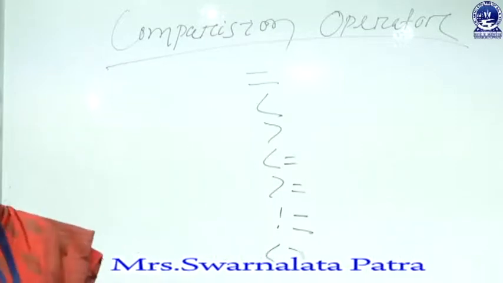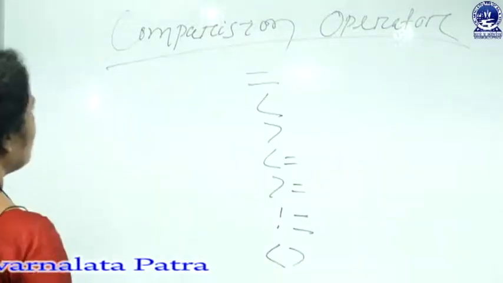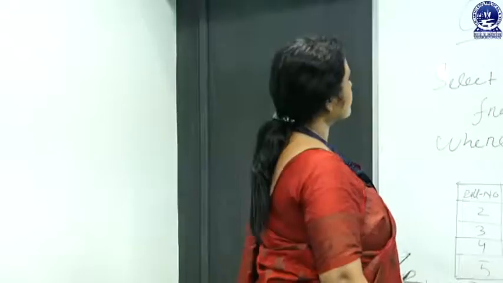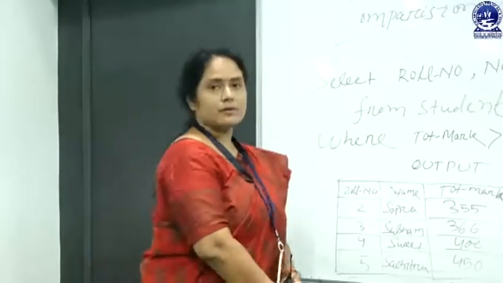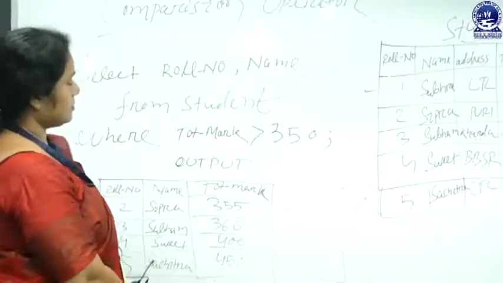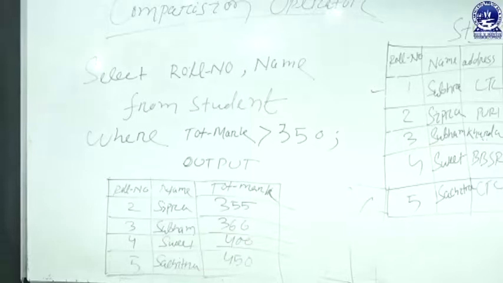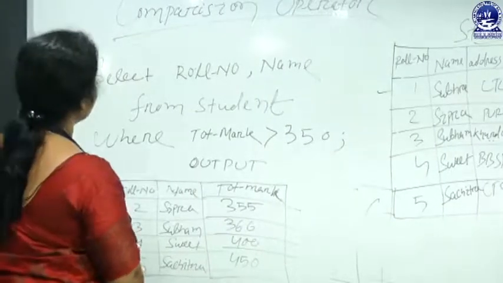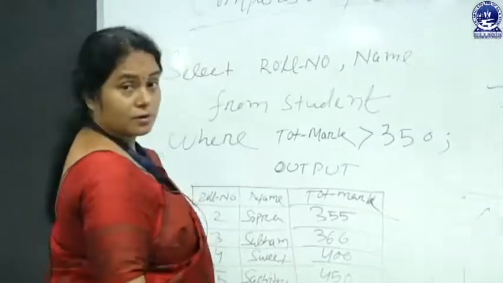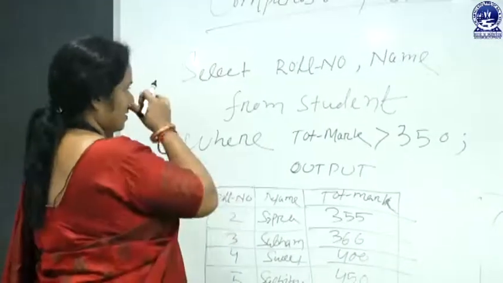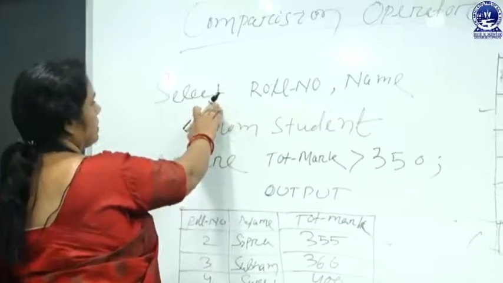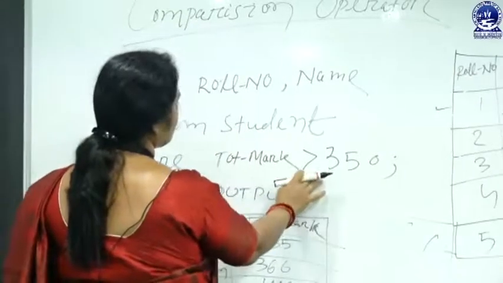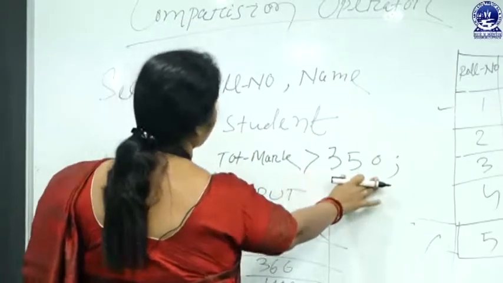Next, to show the use of comparison operators in MySQL, let us discuss the greater than operator. It helps to find the numbers which I want to display. For that I have to give some condition. The command is select roll number, name from student where total mark greater than 350.